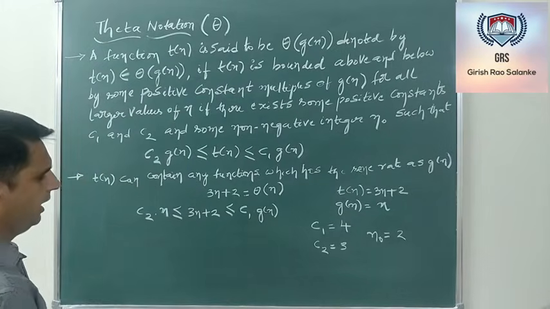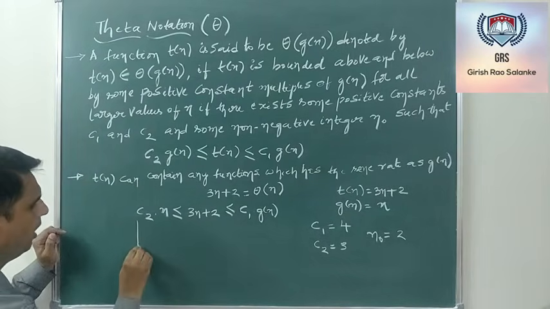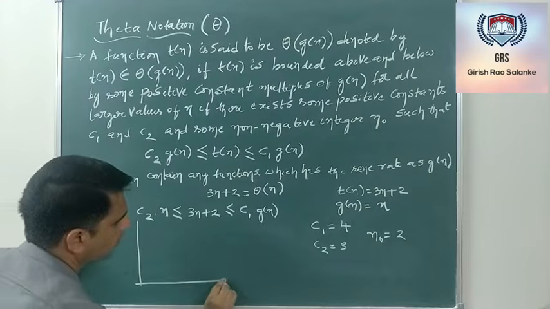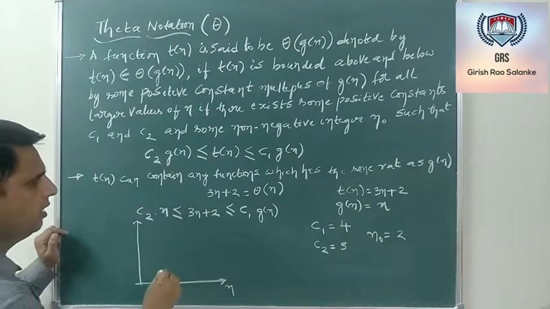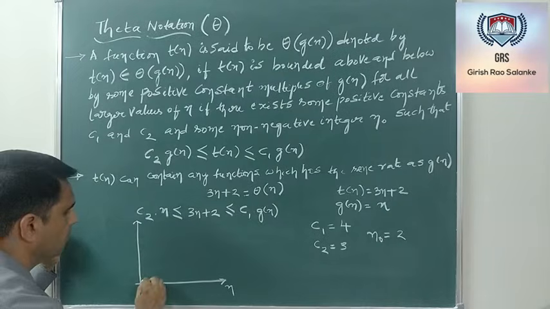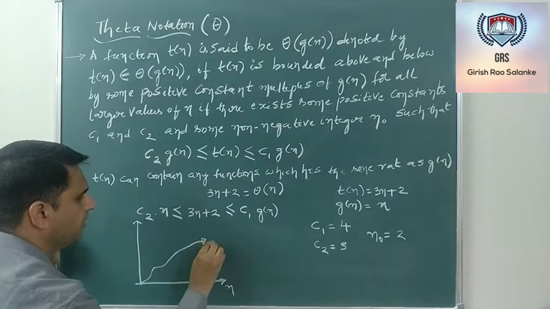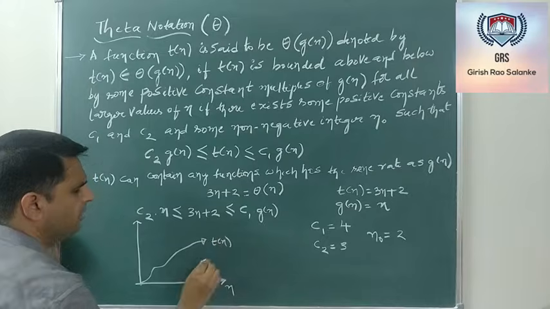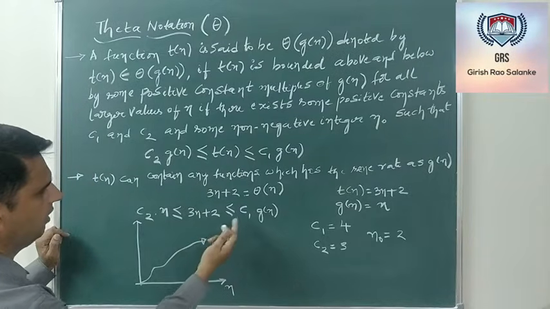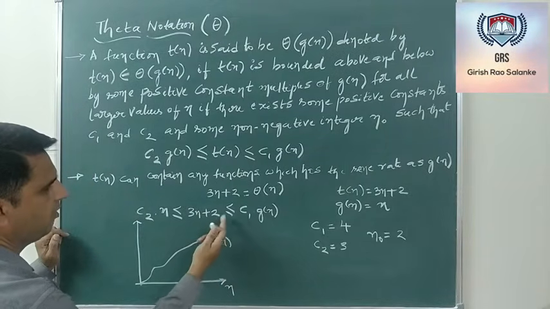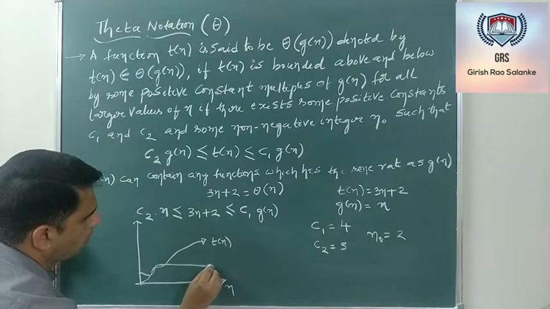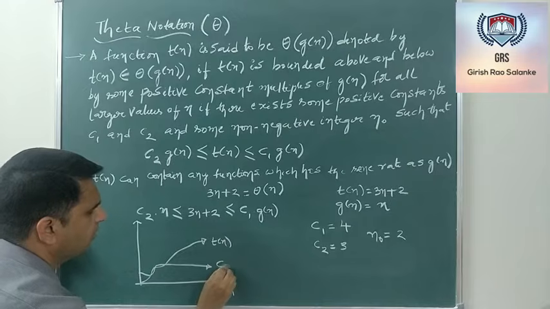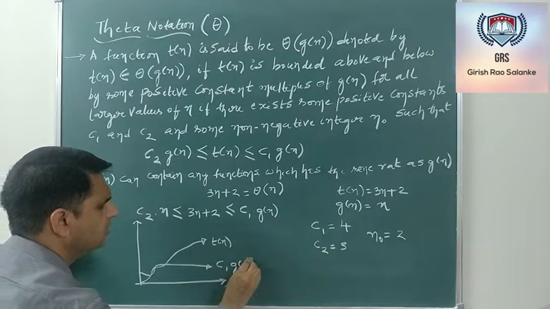Now, how to express this in the form of a graph? So this was my input n. Let me take this as my T of n. In this case, T of n is less than or equal to C1 into g of n.